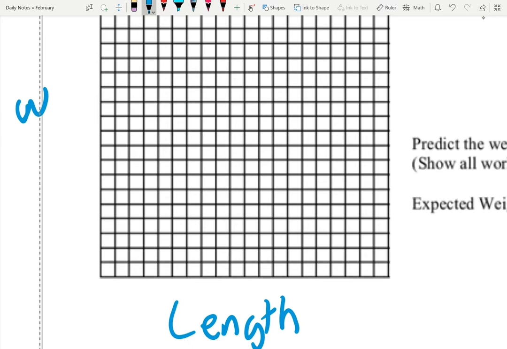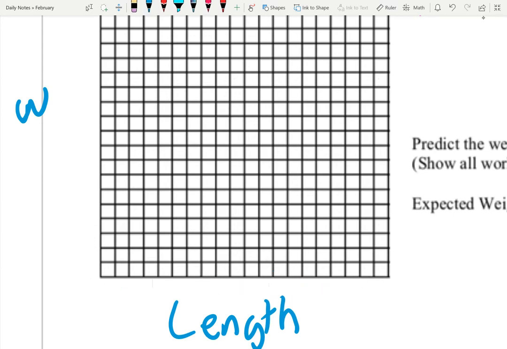Okay, so I'm gonna say this is 100, and then I'm gonna go by fives. So this will be 105. This one, 110 is this one. 115, 120, 125, 130, 135, 140. Well, this isn't going to be big enough.